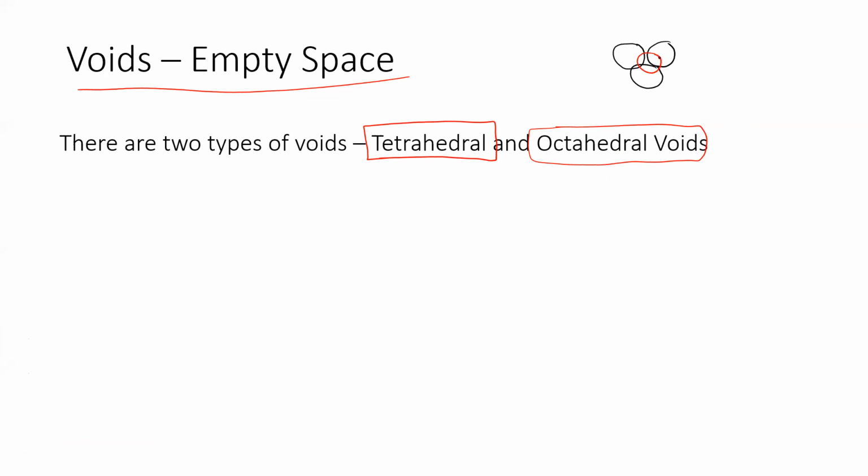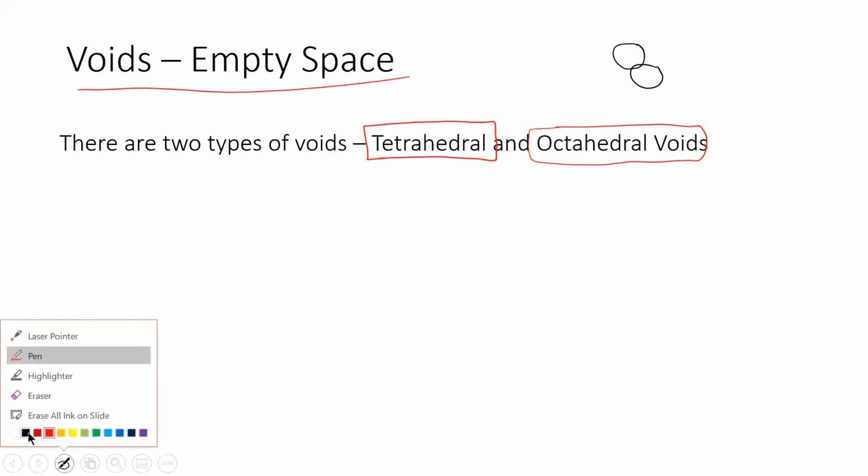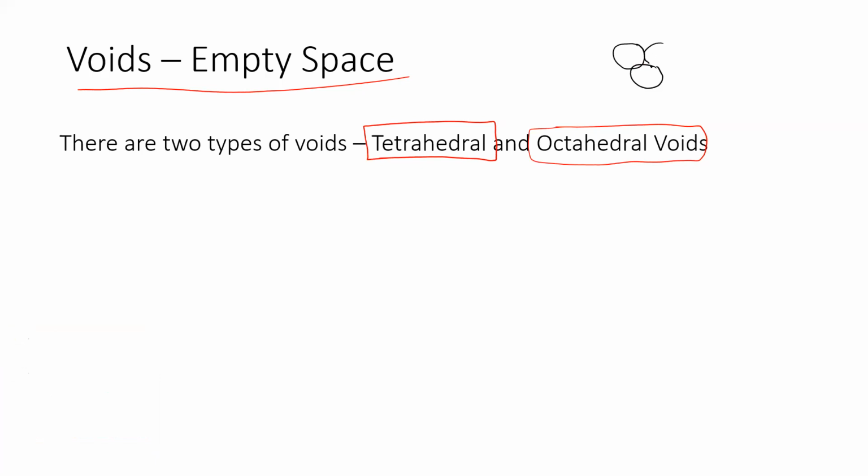So initially we have some empty space. If I'm packing 3 atoms like this, above them there will be an empty space. I just want to remove the empty space, so what can I do? I have to add one more atom on the top to close this empty space.